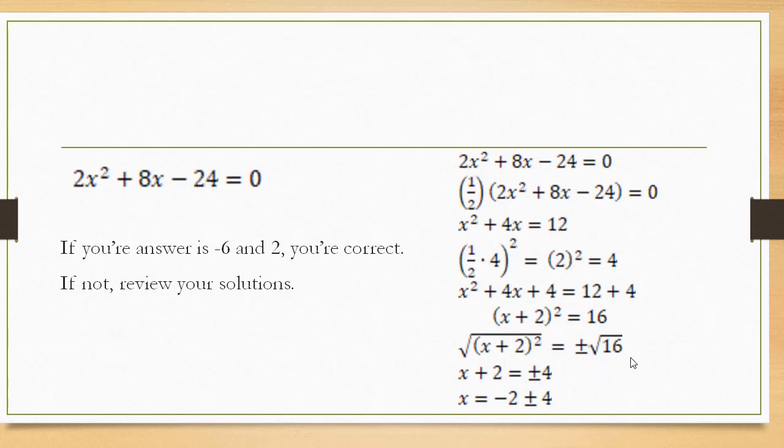Since 16 is a perfect square number, we can simplify it. So, x plus 2 is equal to positive negative 4. And then, transpose the positive 2. x now is equal to negative 2 plus minus 4.